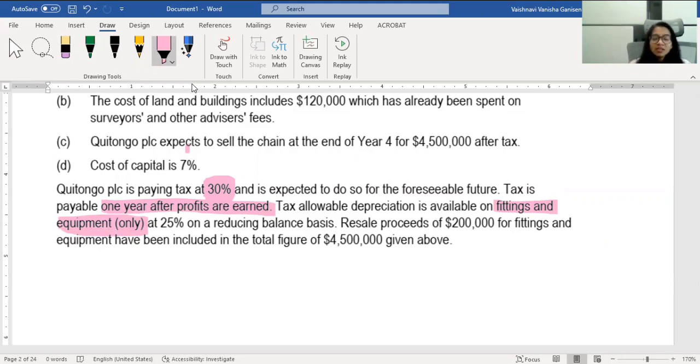So if there are so many other non-current assets, please remember to remove those non-current assets out so that you only use the correct cost value. The tax allowable depreciation is available on a 25% reducing balance basis.